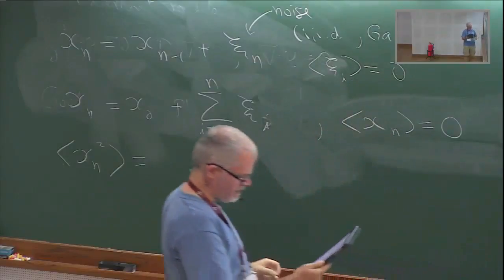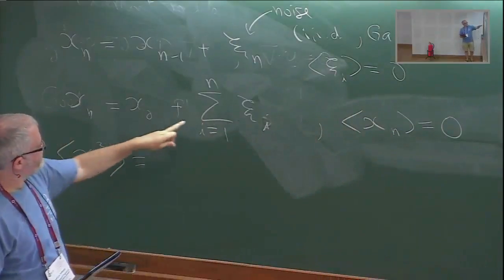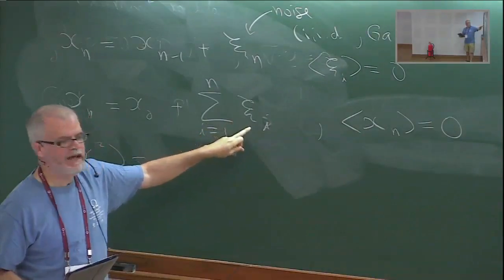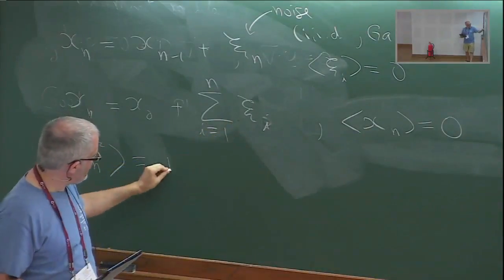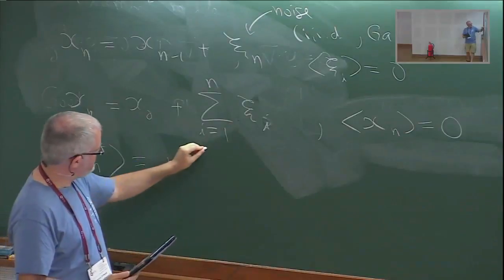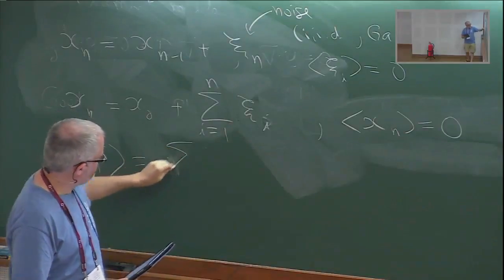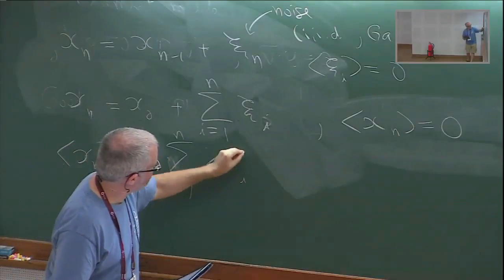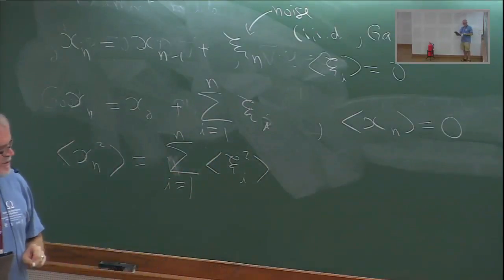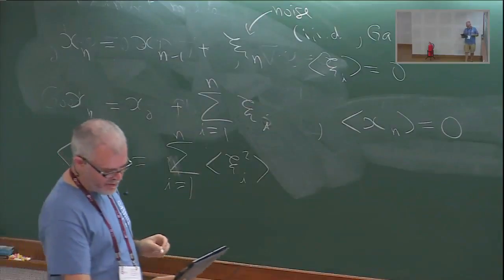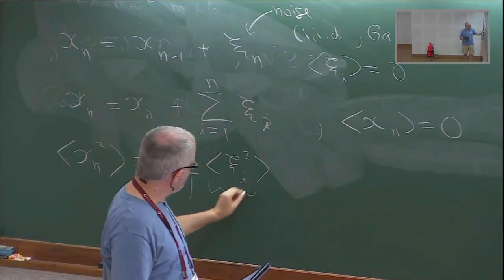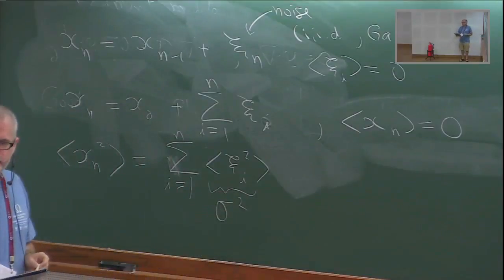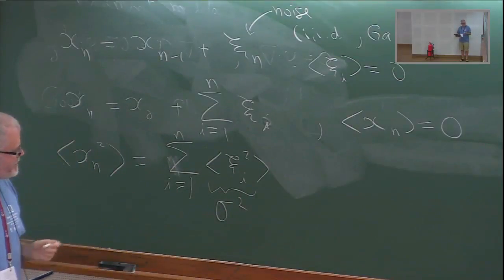So if you square this, only the squared terms survive when I take the average, and they're all the same. So I get n times, first of all, let me do one step. I get the average over the square of these variables, but then I've declared them to be Gaussian, so each of these is going to be some width of my Gaussian, some standard deviation or some variance in this case.